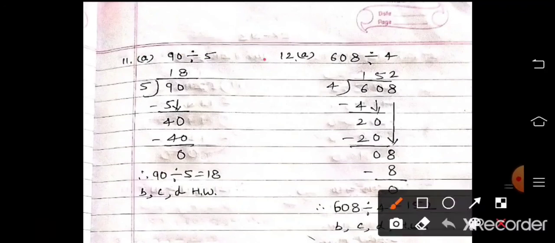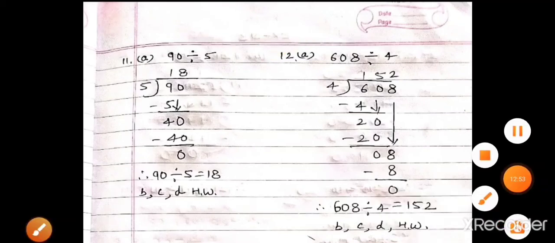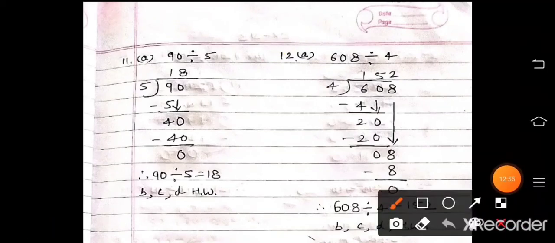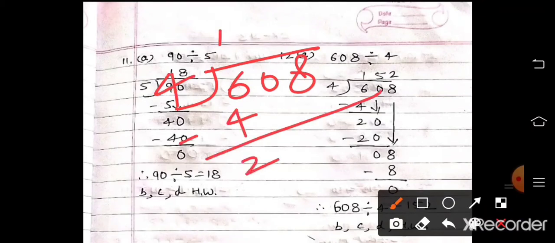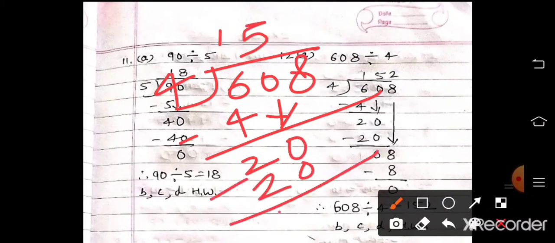Now question number 12. A part 608 divided by 4. Okay, so divide. 608 divided by 4. 4 1 ja 4. 2. Now bring down 0 here. 4 5 ja 20. Remainder here 0.